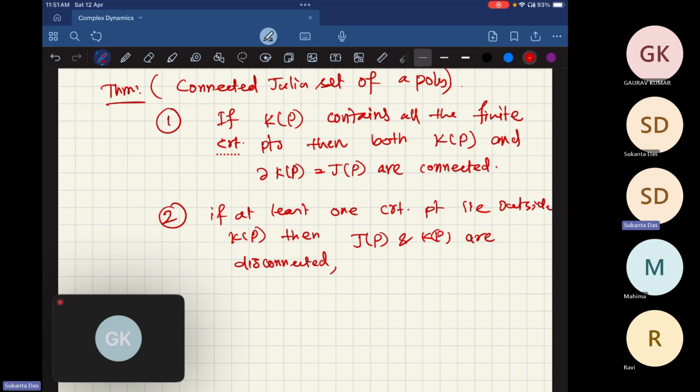In particular, these two sets have uncountably many connected components.